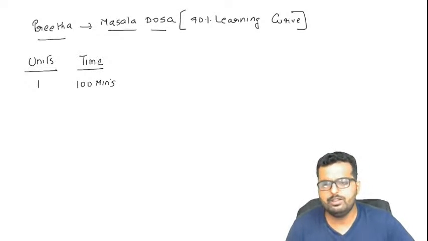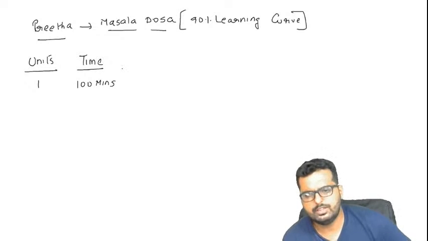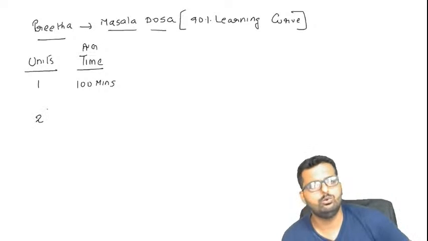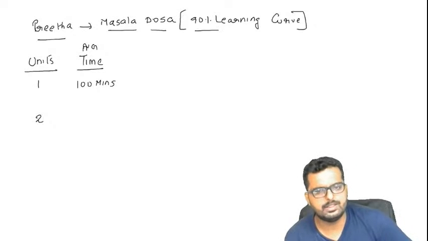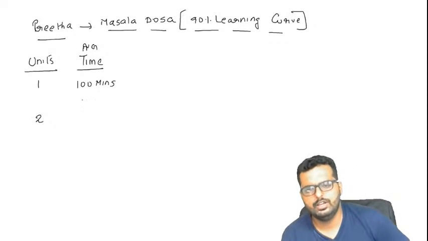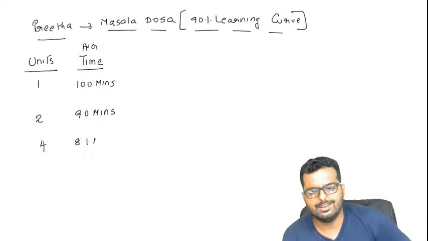So to make the first masala dosa, if it takes 100 minutes average time, in order to make two masala dosa, if Preeta is having a 90% learning curve, it will take her 90 minutes only. 4 masala dosas, it will take her 81 minutes.